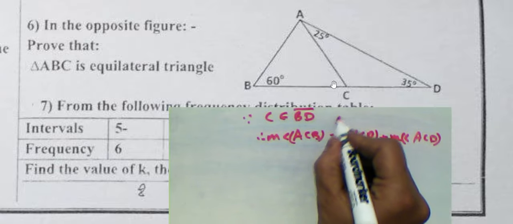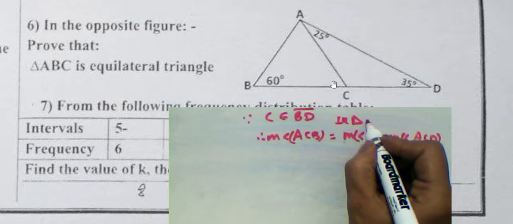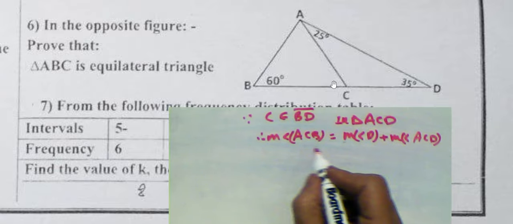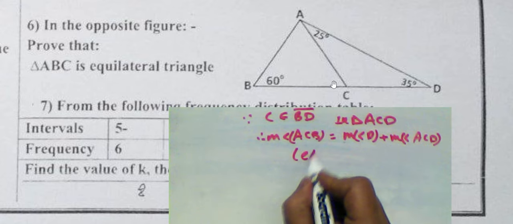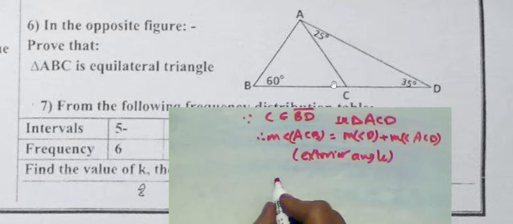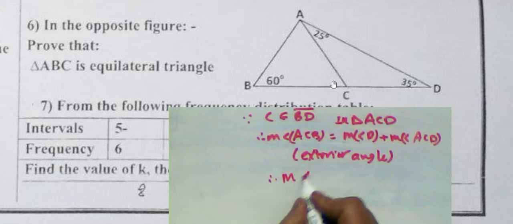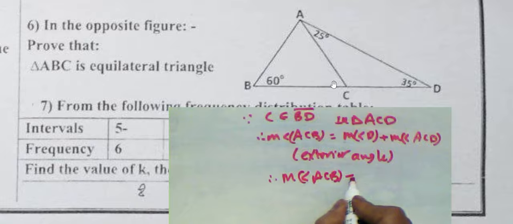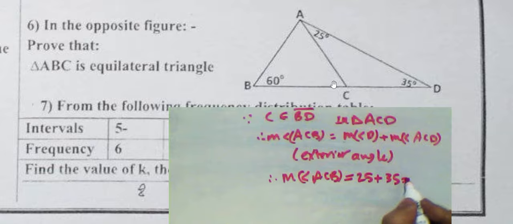In triangle ACD, you can write the exterior angle. This exterior angle is the summation of the two together: the measure of angle ACB equals 25 plus 35 equals 60 degrees. Then the angle here is 60 degrees.